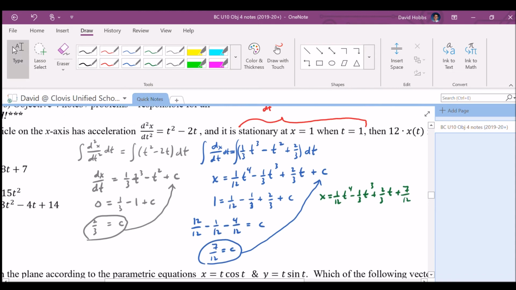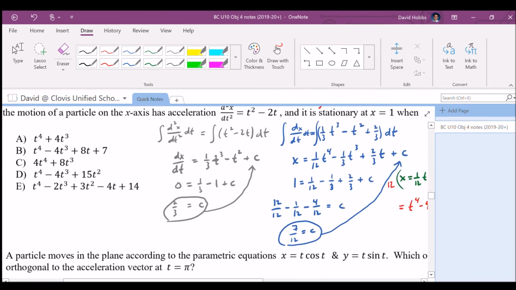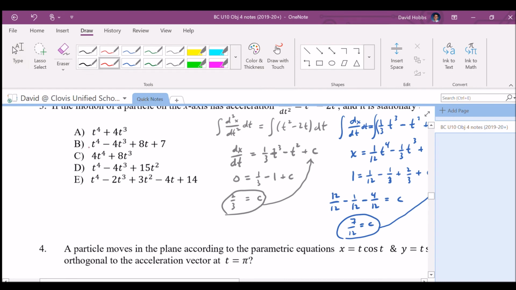But we're supposed to be finding 12 times x of t, so if we do 12 times that, basically all the fractions are going to go away. So we get 12 times x of t is equal to t to the 4th minus 4t to the 3rd plus 8t plus 7, which is choice B.